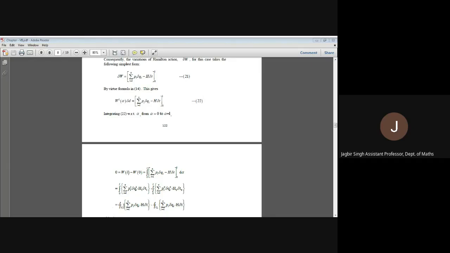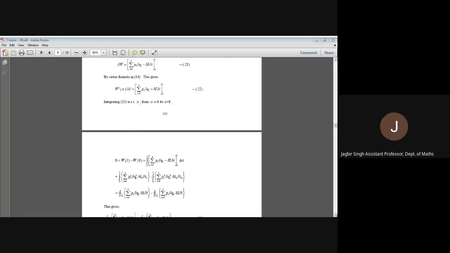So it is the curve integral of this quantity summation i from 1 to n p_i delta q_i minus H delta t, minus the second term, which is integration over the curve when time is t naught, because we are representing 0. So it's the integral over the initial curve. So it will be integral over C naught summation i from 1 to n p_i delta q_i minus H delta t.